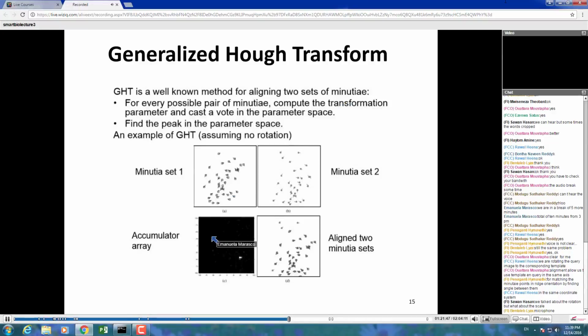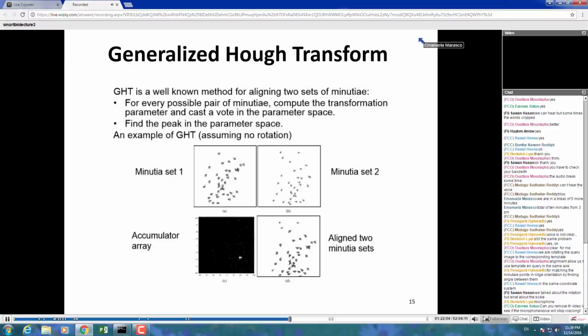How about now? Is it better? So I removed the video, select the, okay. There is an issue with the microphone.